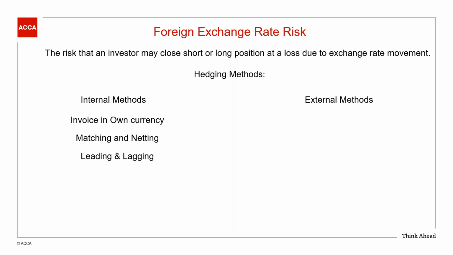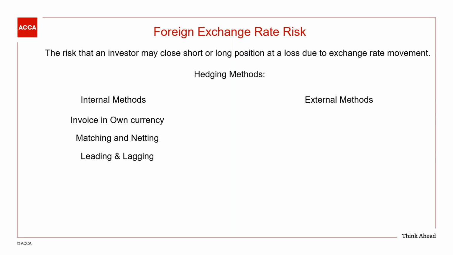Now let's see where the problem may come. Let's say you planned to import some machinery from somewhere, and that was going to take place in 1 month's time. So you went to the bank and fixed the exchange rate under a forward contract.